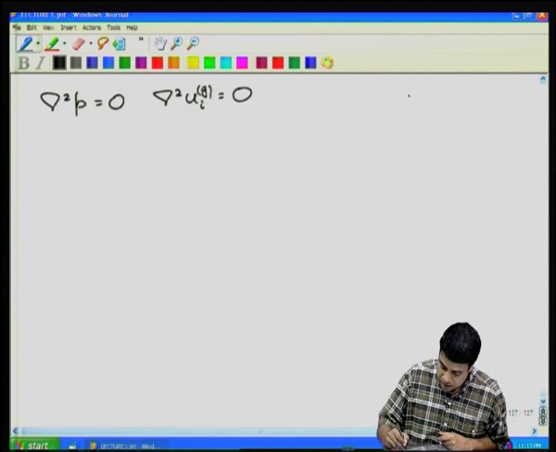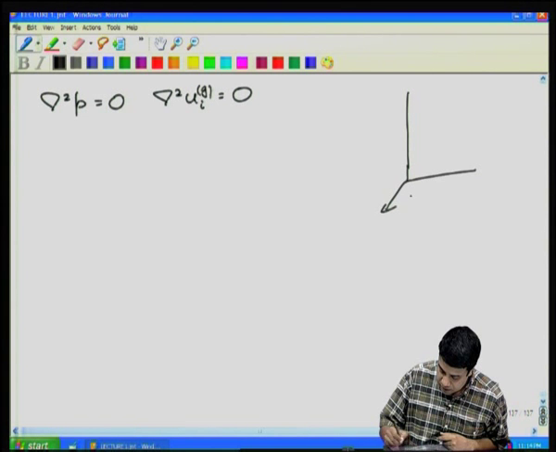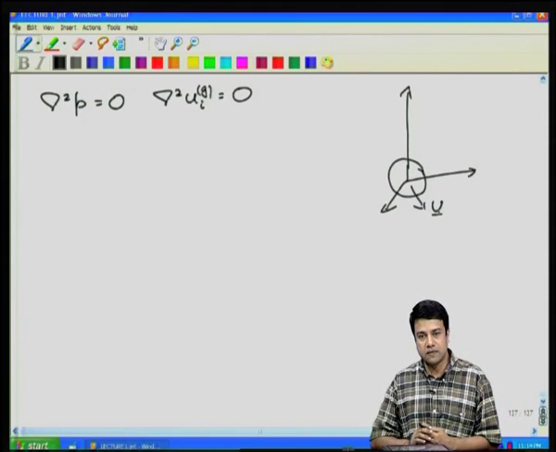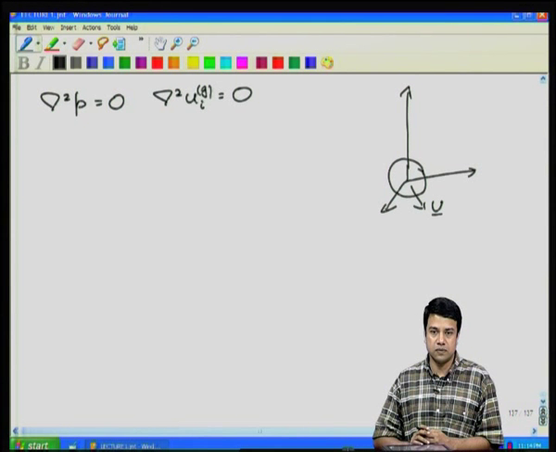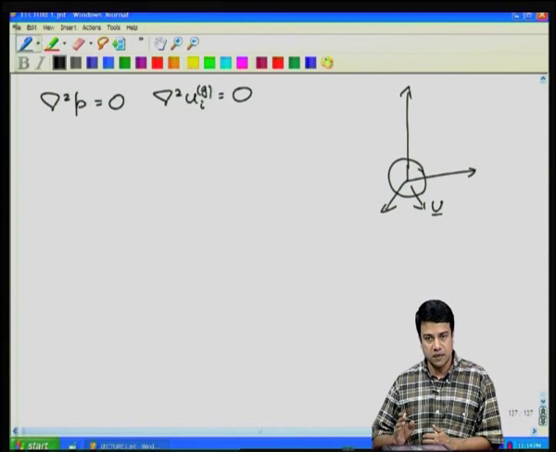Okay. The other thing that I can use, as I emphasized 2 lectures ago, is that if I have a sphere moving with the velocity u, then the solution for both the velocity and the pressure have to be linear in u. Okay. So, if I multiply u by a factor of 2, the velocity and pressure at each point will also multiply by a factor of 2.